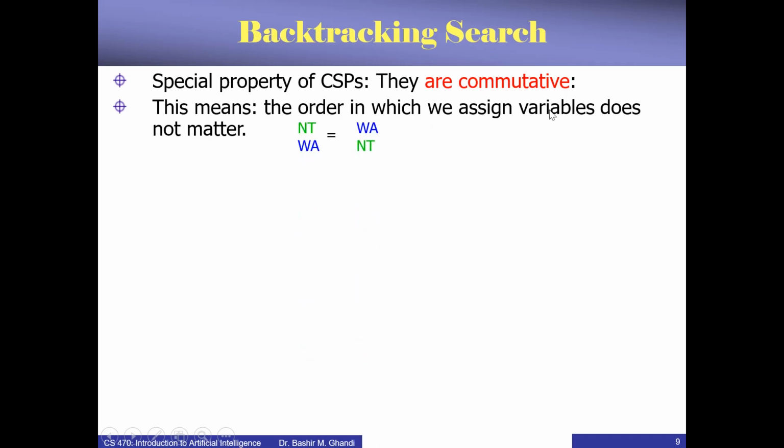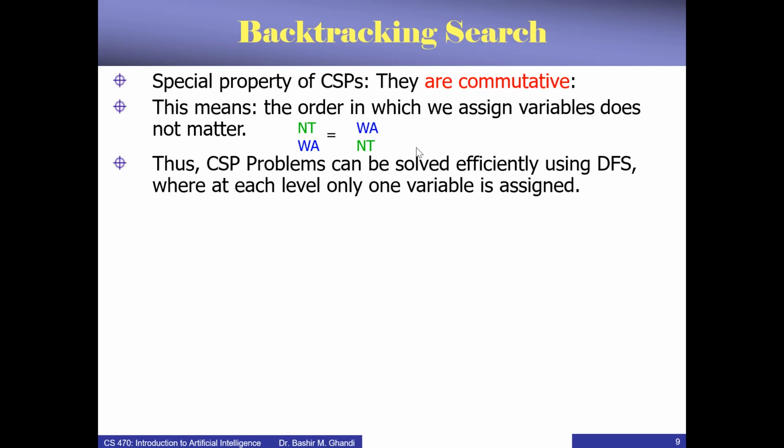For example, we could decide to assign green to Northern Territory first before we assign blue to Western Australia, or we could do vice versa. The order in which we do the assignment is not important. All we want is that at the end of the day, all the variables should be initialized with values that satisfy the given constraints.